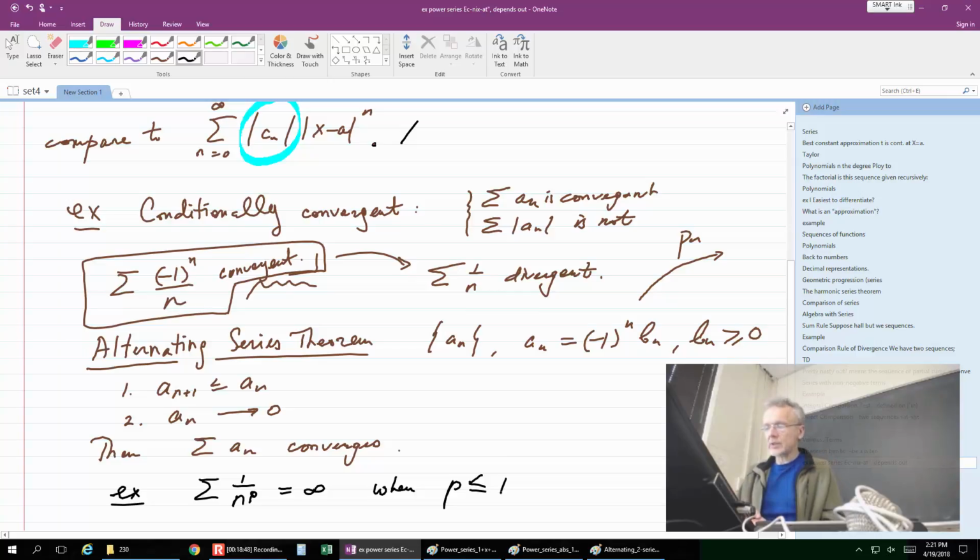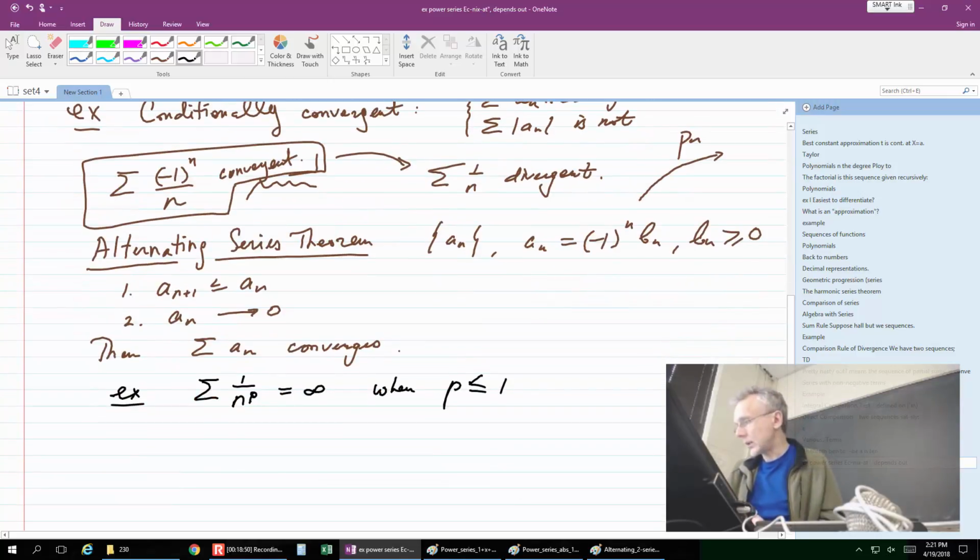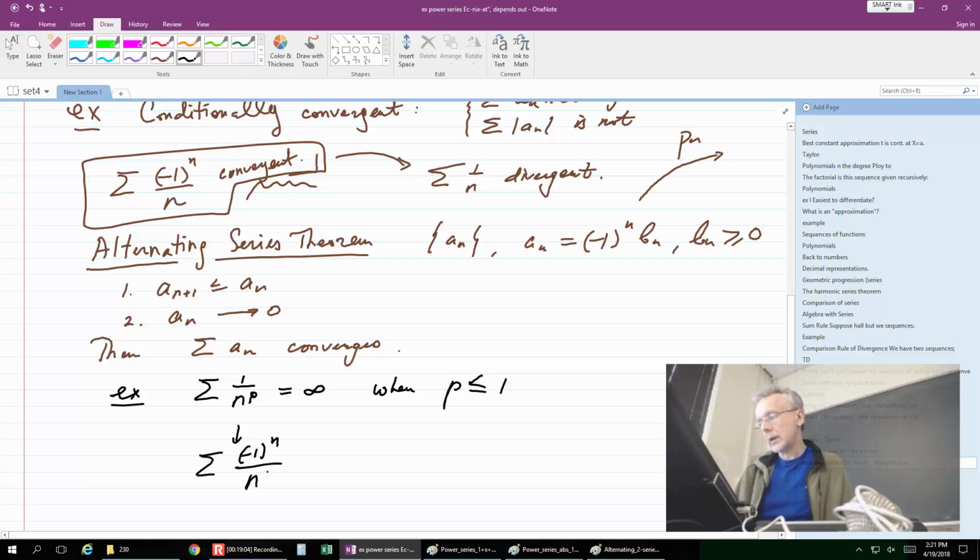That's a p-series. So we have divergence. But if we make from this series an alternating series, (-1)^n over n^p, it converges. So I have a bunch of examples of such behavior.